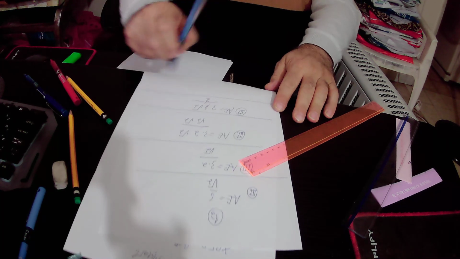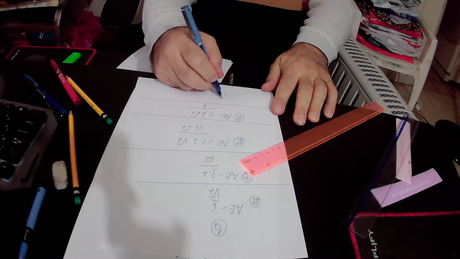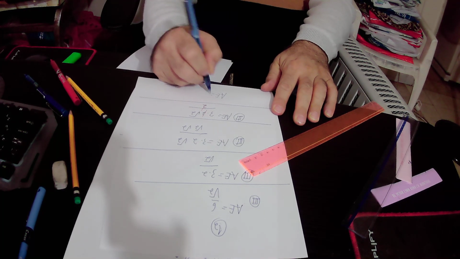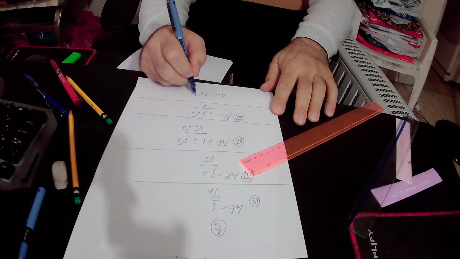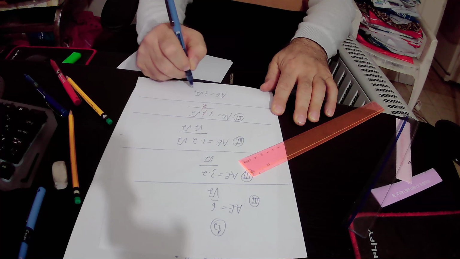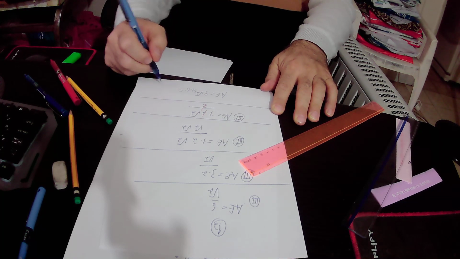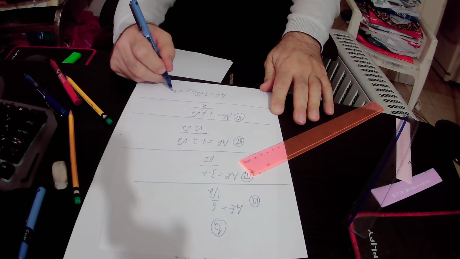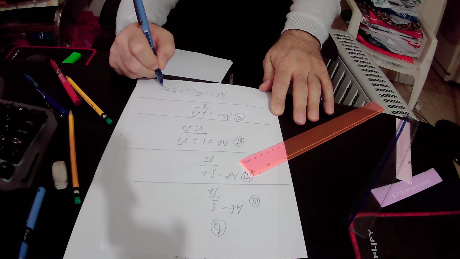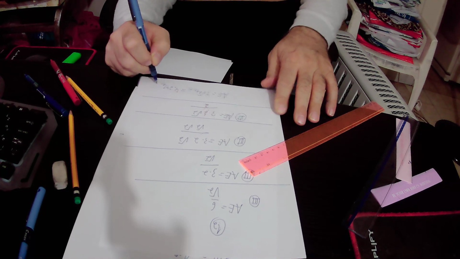And we found out that line segment AE equals 3 times square root of 2 units, or in terms of numbers, 4.243 units.